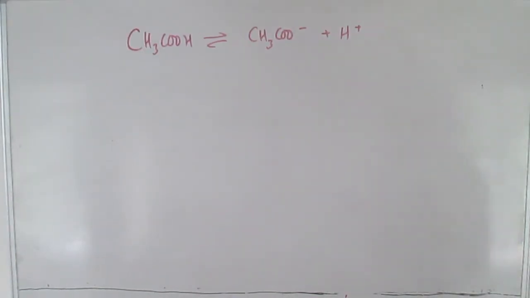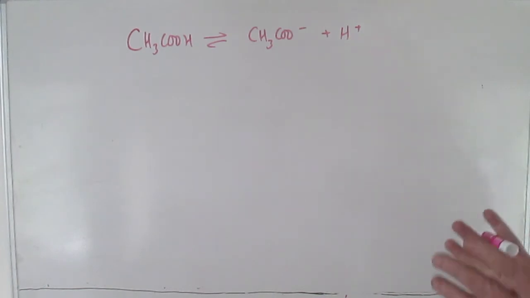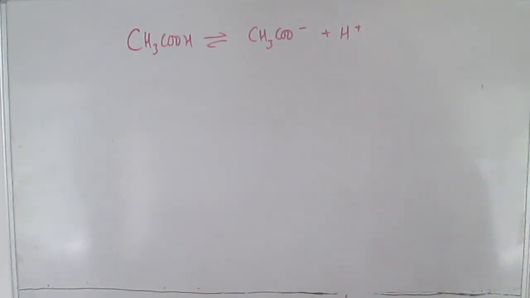And one thing which is really important to understand about buffer solutions is that they only have a limited pH range over which they're really effective, and that's determined by the Ka, by the pKa of the weak acid that you're working with.